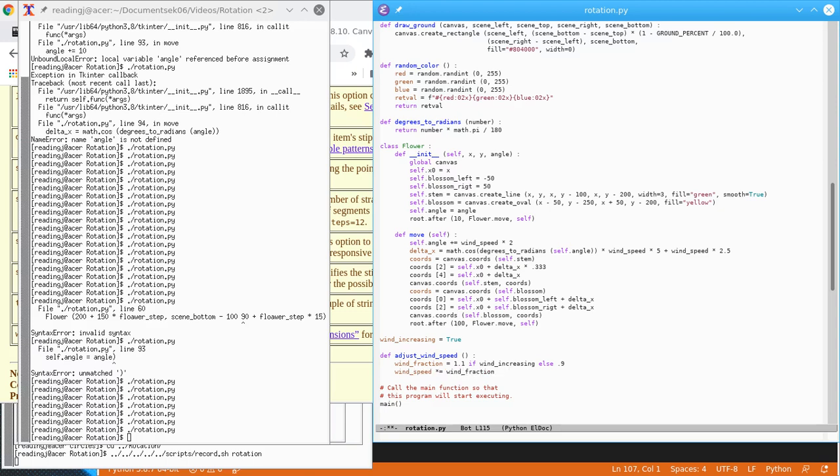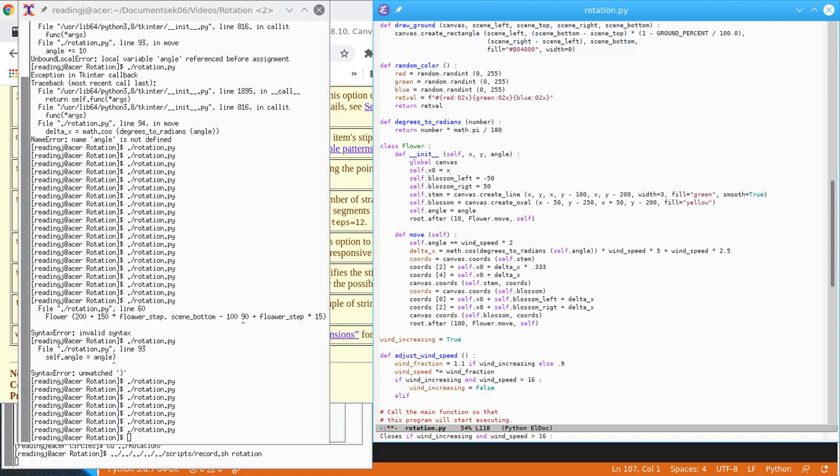And that's not indented. Now we need to say if wind increasing and wind speed is greater than 16, which was pretty strong if I remember correctly, wind increasing equals false. Needs to be capitalized.